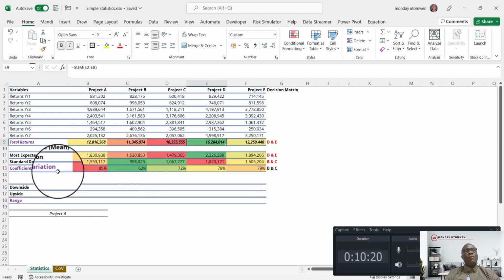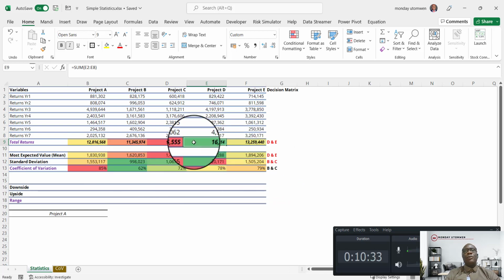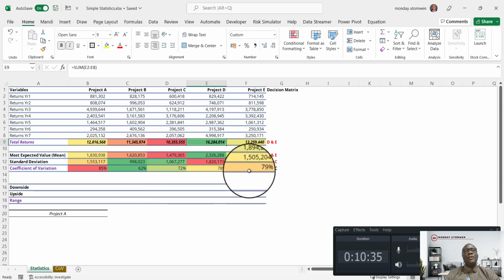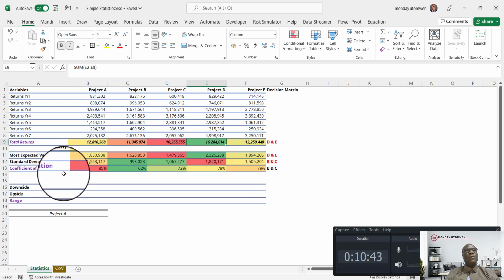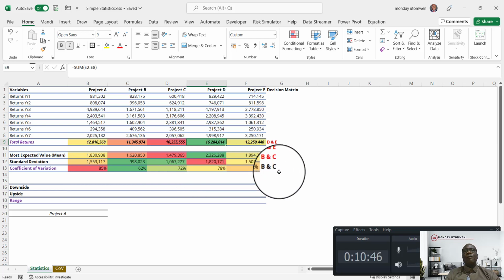And the coefficient of variation helps to define that standardization, looking at the relative standard deviation, basically. So when you do this kind of statistical analysis, don't just stop at the total amount, or the expected or the standard deviation. Okay, you must do the coefficient of variation.